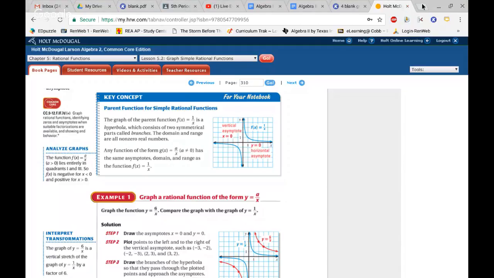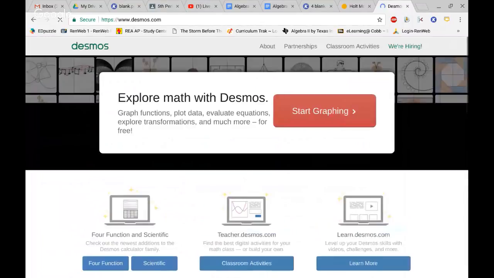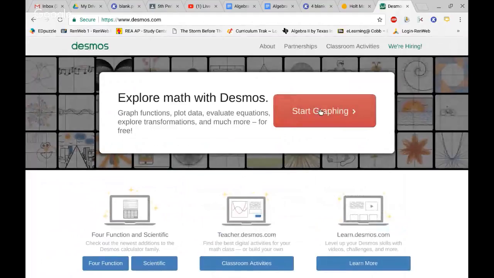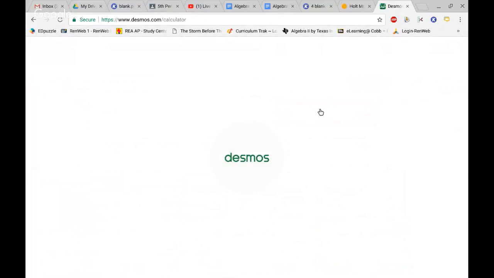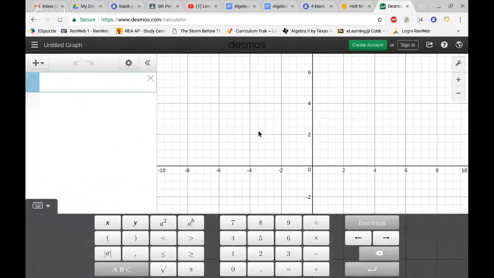If this is okay with you, I really like to show it in Desmos. It looks to me you were supposed to start with number 3. Is that correct? Yes, ma'am. All right.